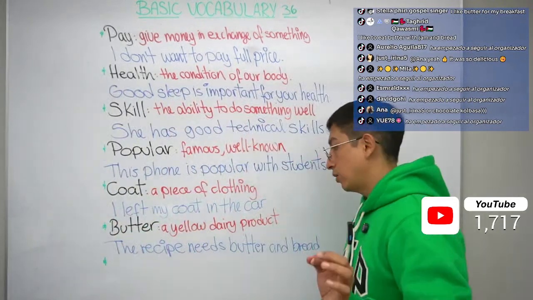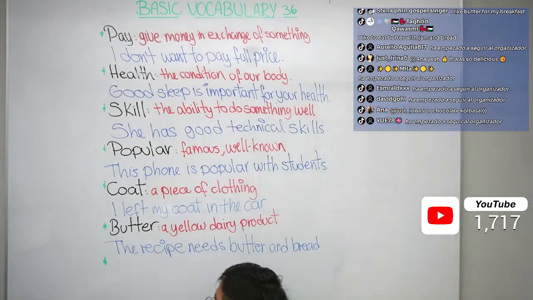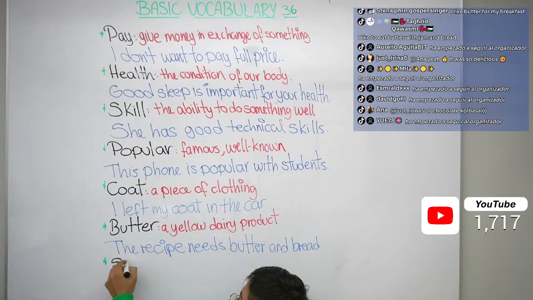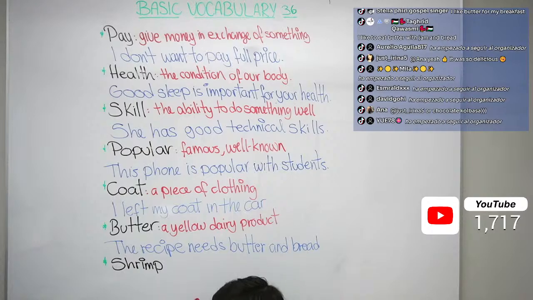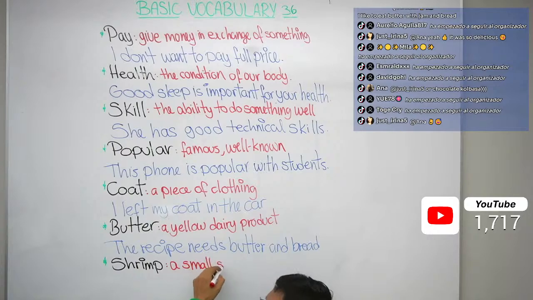Okay, now let's finish with the last word, guys. Okay, the last word is shrimp, guys. What does shrimp mean? You can put a shrimp emoji. I think there's a shrimp emoji, right? Small, okay, shellfish.